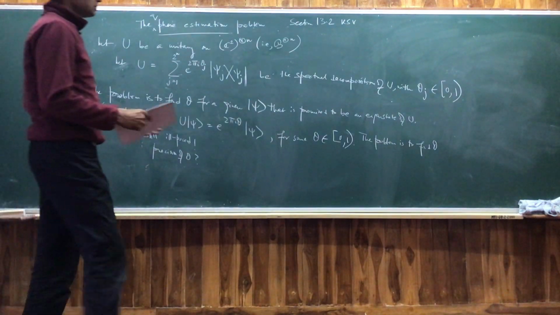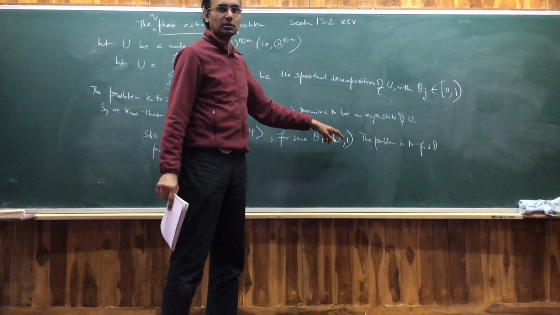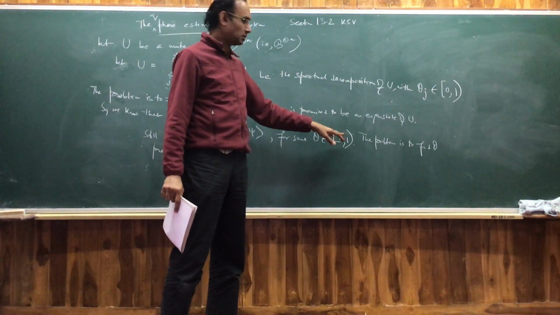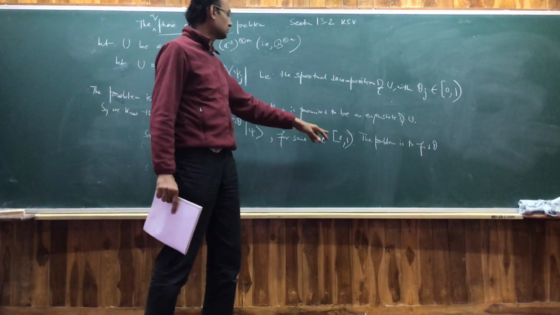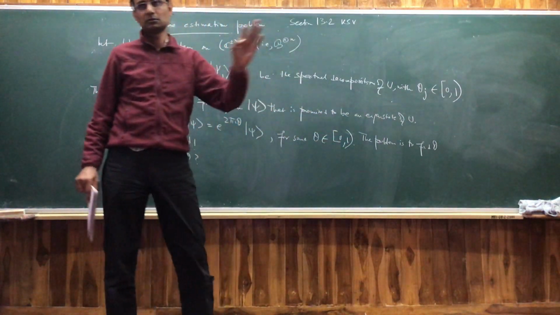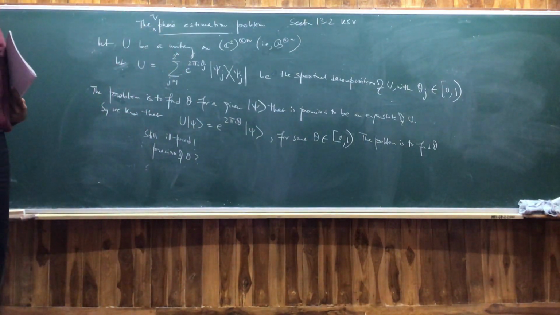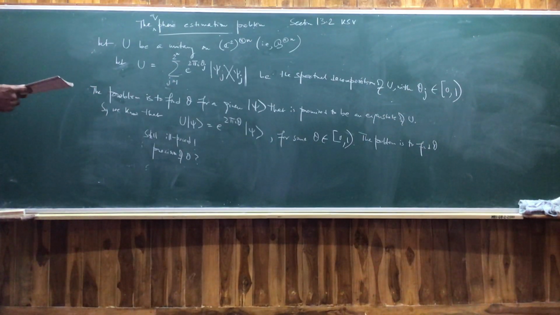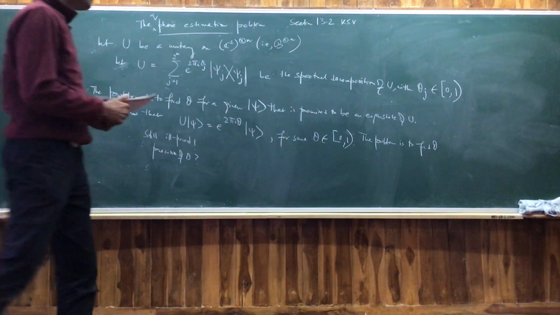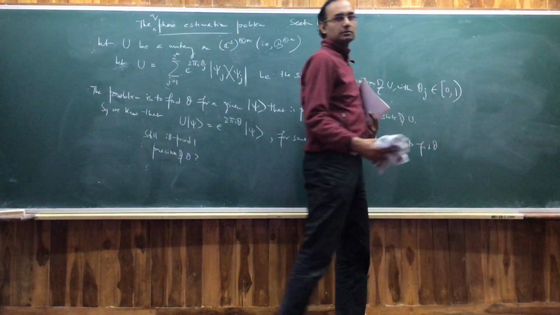You see, theta is a real number, well, at least a rational number. I mean, in experiments, we will find up to some precision, so these will all be rational numbers, but still it's an infinity. Fine. Questions?